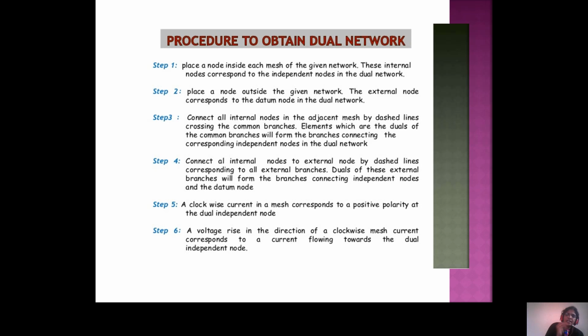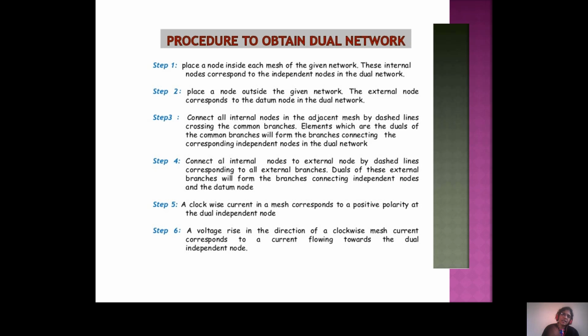If a node is connected to another node, all of those come in the form of series. If one node is connected to the datum or reference node, that becomes parallel. So first we have to place the nodes inside each mesh of the given network, then place another node outside the network and connect all the nodes adjacent to the elements.